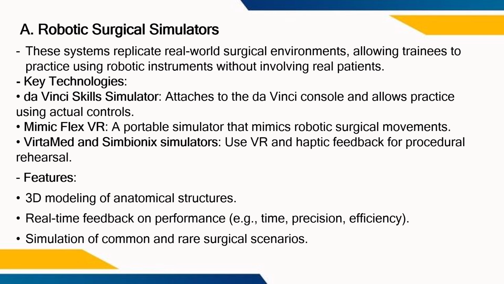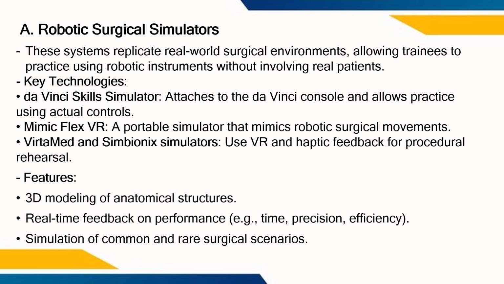Under this, the first one we're going to be talking about is robotic surgical simulators. These are systems that replicate real-world surgical environments, allowing trainees to practice using robotic instruments without involving real patients.